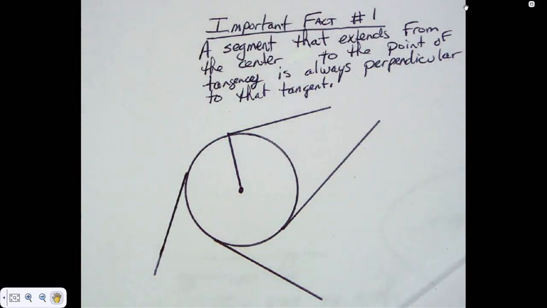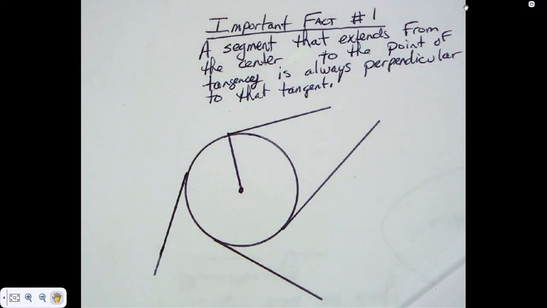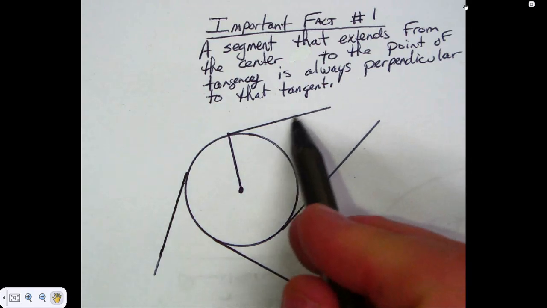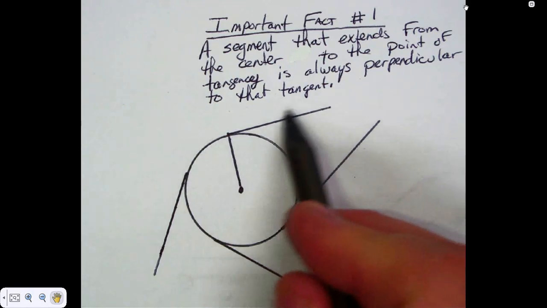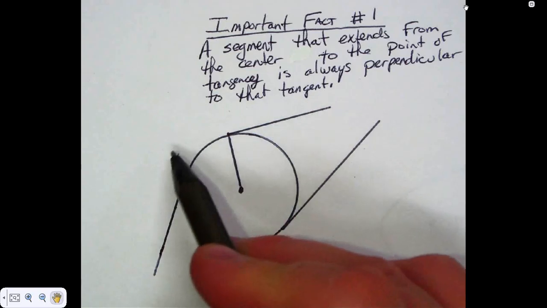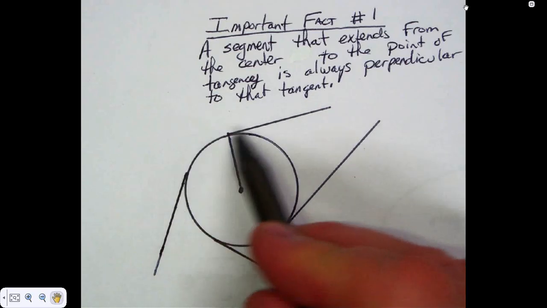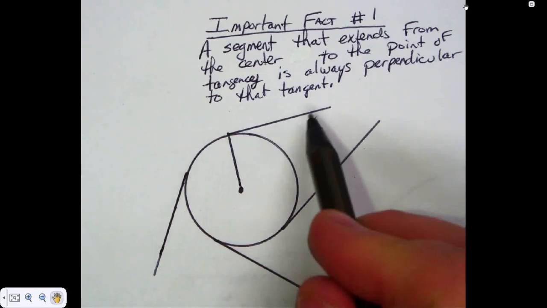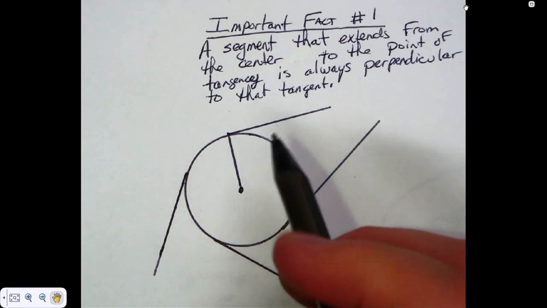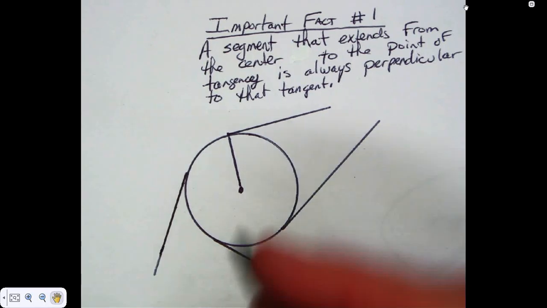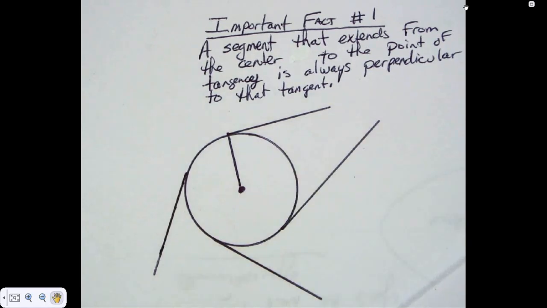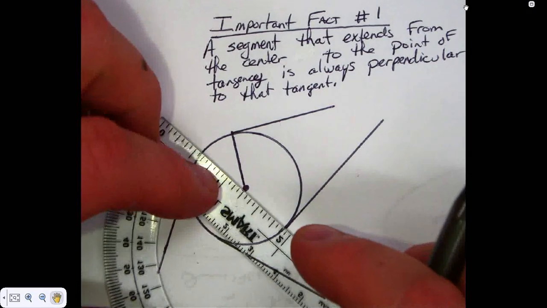It should be perpendicular to the tangent line, correct? What does perpendicular mean? It creates a 90-degree angle. But it shouldn't matter from any center. From the center to any point of tangency. There's only one center, so I shouldn't say any center.